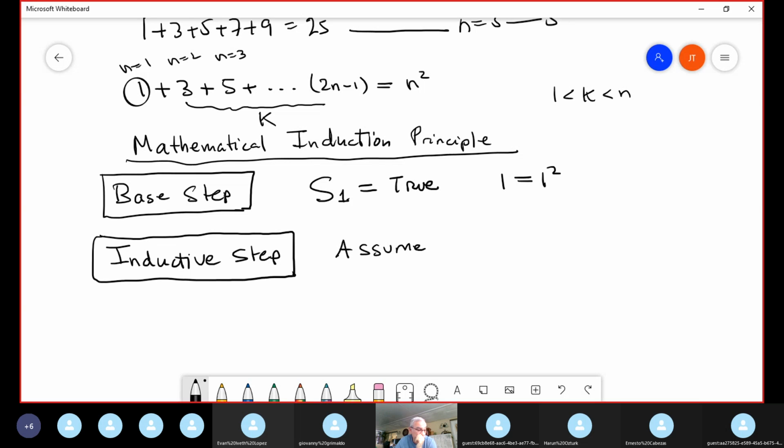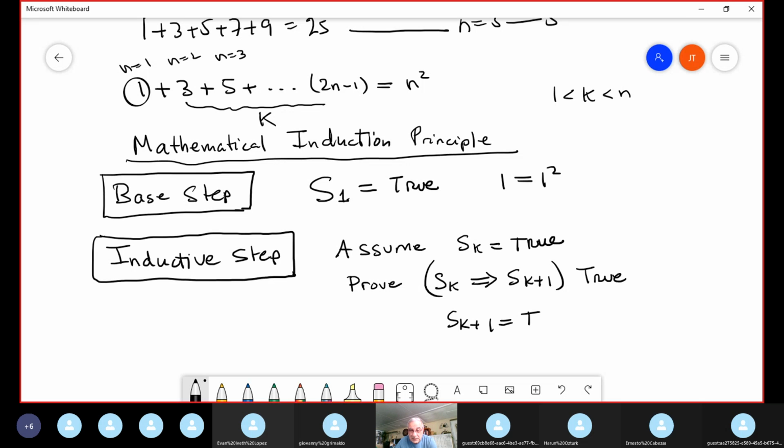You assume that S sub k is true. And somehow you need to prove this statement: S sub k is true implies S sub k plus 1. This complete statement is true. Therefore, if this is true, this is equivalent to saying S sub k plus 1 is also true.